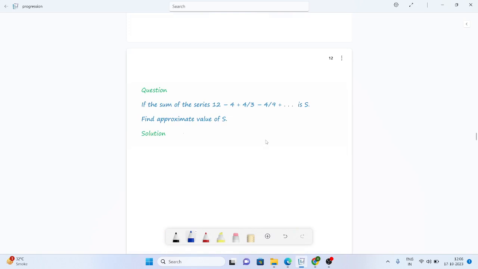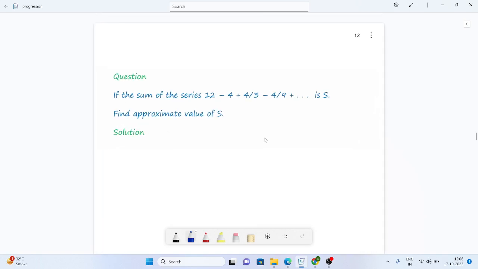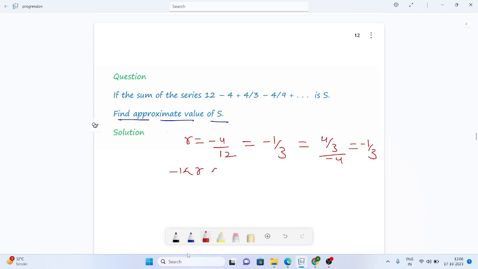If the sum of the series is s, find the approximate value of s. First we check which series it is, or what the common ratio is. If I check minus 4 by 12, I get minus 1 by 3, and 4 by 3 upon minus 4, again I get minus 1 by 3. So r is between minus 1 and 1 and it is infinite terms.